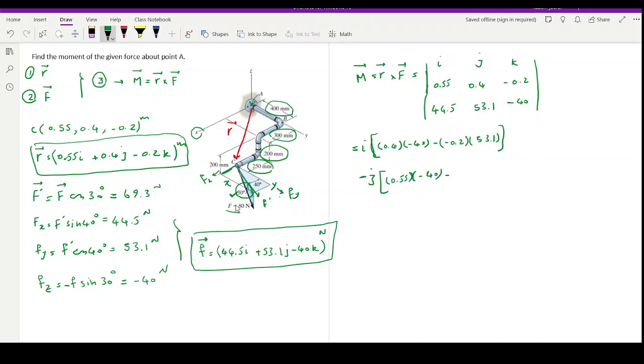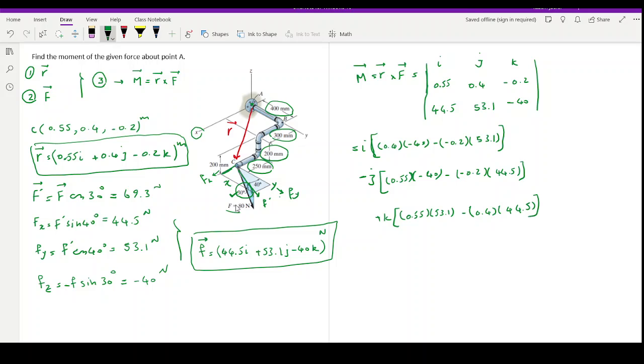So you have to pay attention to these positive and negative signs. You can make a mistake in here. Negative 0.2 times 44.5, and plus k times 0.55 times 53.1 minus 0.4 times 44.5.